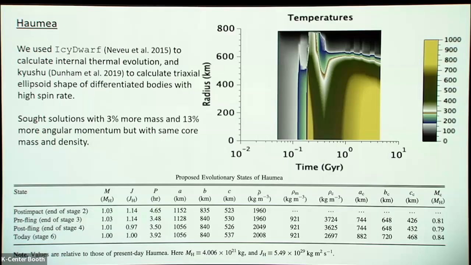After the core formed, and just as it was about to fling material, its period got down to 3.5 hours, and then these two have more or less mass ejected, and then after the core swells up, it slows down to the 3.92, and the core attributes are sort of continuous across that. So all of this says to us that this is a consistent solution and a likely history for Haumea.